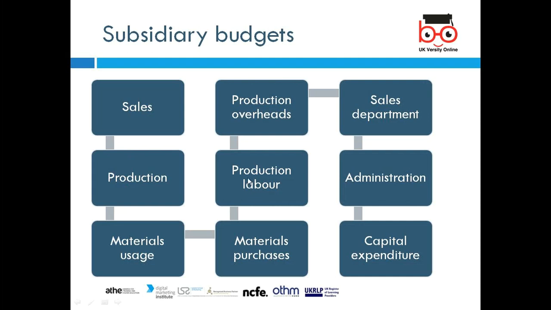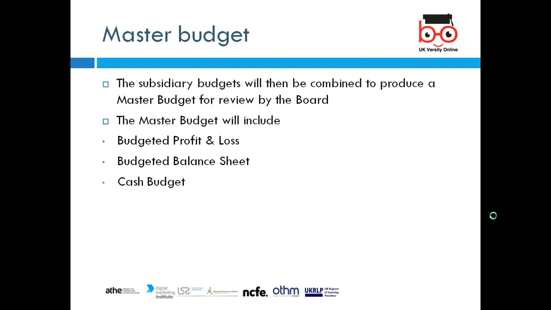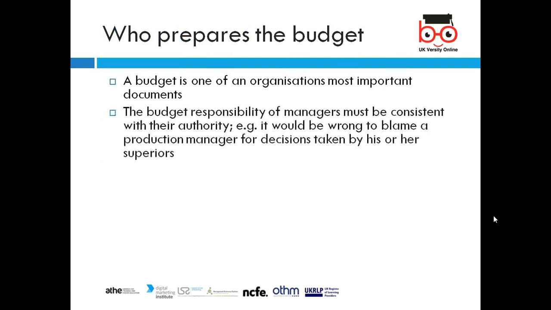It goes like this: sales, production, material usage, material purchase, production labor, production overheads, sales department, administration, and capital expenditure. So this is all the sort of budgets we can make as subsidiary budgets. The subsidiary budgets are then combined to produce a master budget to be reviewed by the board. The master budget will include the profit and loss of the organization, the budgeted balance sheet, how much assets, and the budgeted cash.